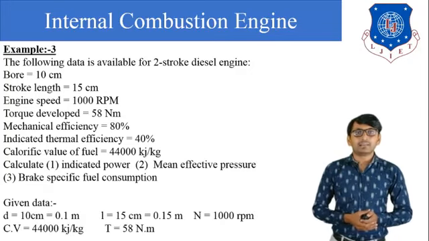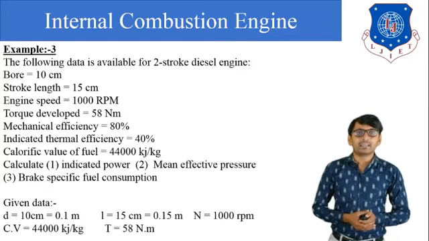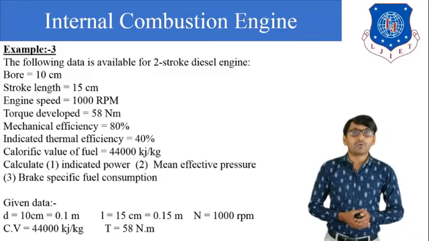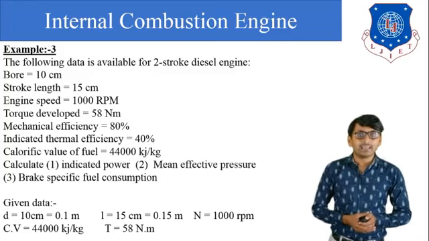Now in this example, given data, that is diameter 10 centimeter, so 0.1 meter, L 15 centimeter, 0.15 meter, capital N 1000 rpm, calorific value 44,000 kilojoule per kg, and torque 58 Newton into meter. So that is given data.